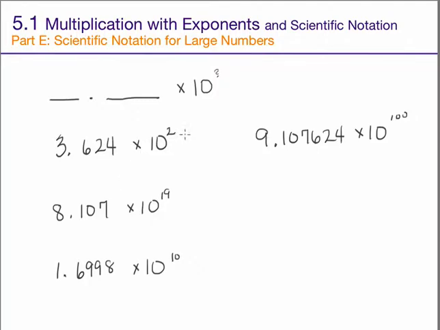The exponent can be any number, small, medium, or large. But notice that in each case, the number in front of the decimal point is a single digit, something between 1 and 9, including 1 and 9.